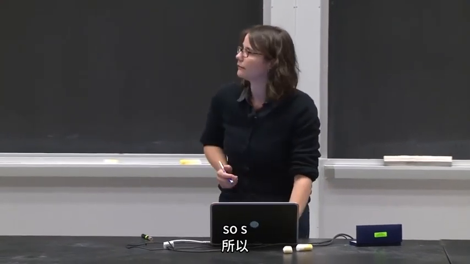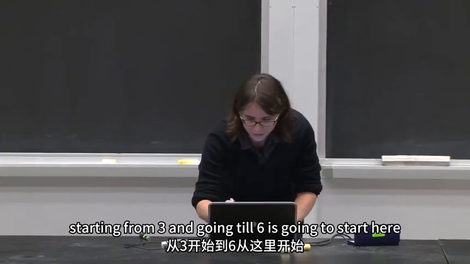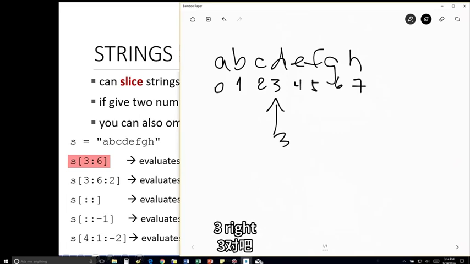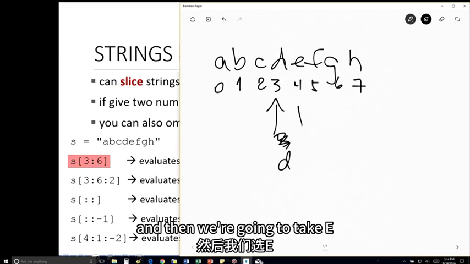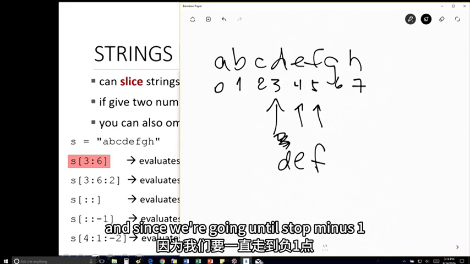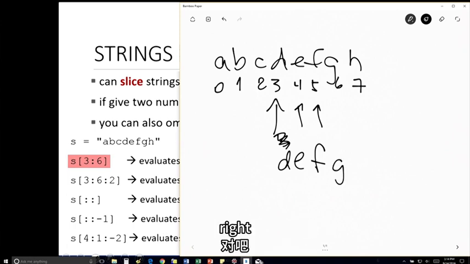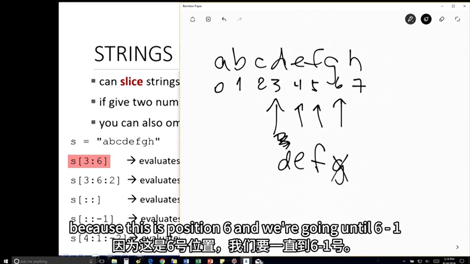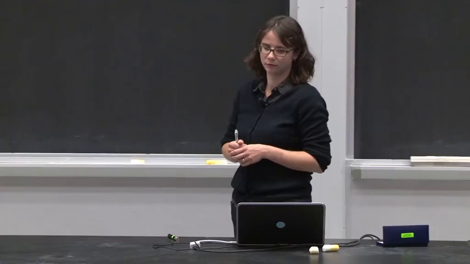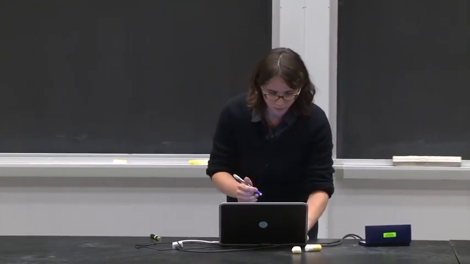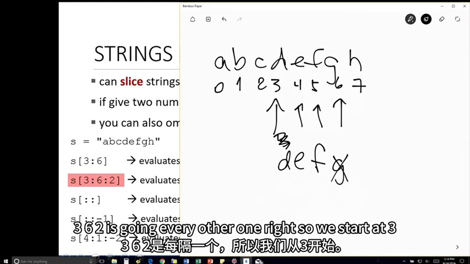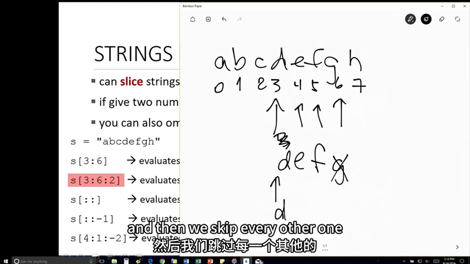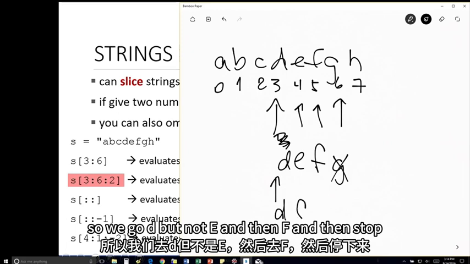So S, starting from 3 and going till 6, is going to start here, at 3, so it's going to come up with D, and then we're going to take E, and then we're going to take F. And since we're going until stop minus 1, we're not going to take G, because this is position 6, and we're going until 6 minus 1. The next one here, 3, 6, 2, is going every other one. So we start at 3, and then we skip every other one. So we go D, but not E, and then F, and then stop.